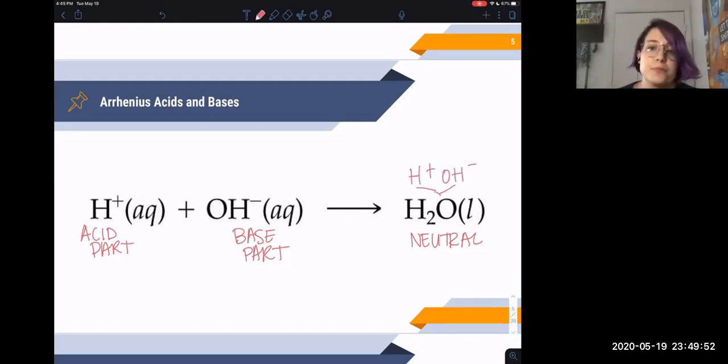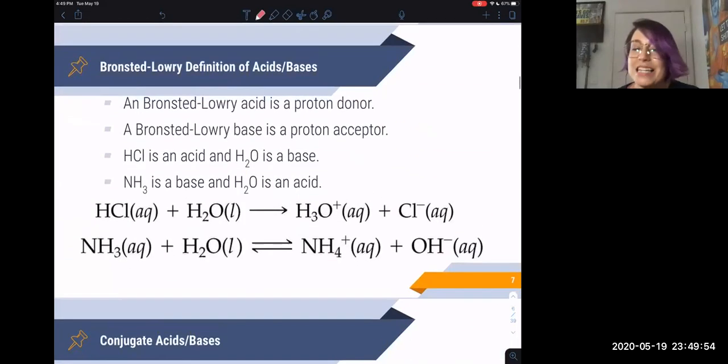Okay. But that definition is not inclusive, and we want to be inclusive because there are some bases that don't have hydroxide, like two that you're memorizing. You're memorizing ammonia and you're memorizing the bicarbonate ion as 2 weak bases. And they're basic, but they don't have hydroxide. So the Arrhenius definition isn't very inclusive of them.